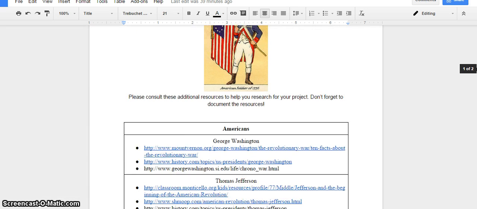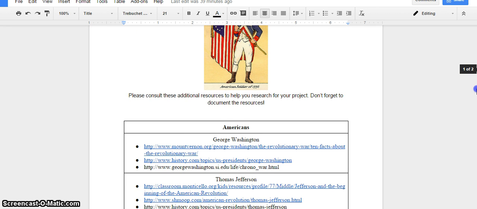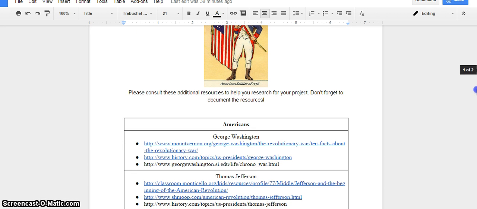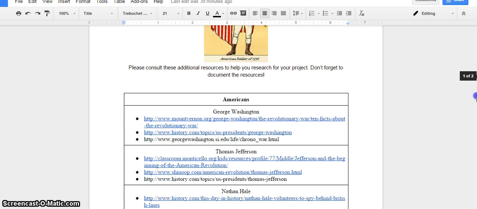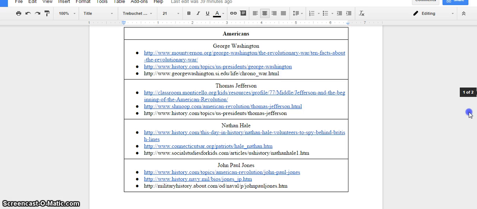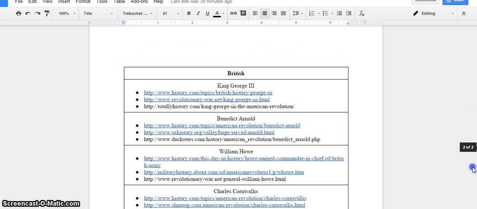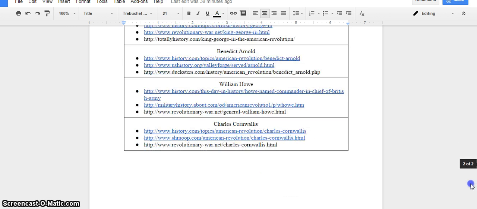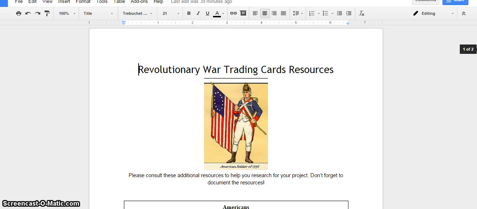So I've listed 4 Americans and 4 British people. For the Americans, we have George Washington, Thomas Jefferson, Nathan Hale, and John Paul Jones. For the British, we have King George III, Benedict Arnold, William Howe, and Charles Cornwallis. You guys are going to choose one of those Americans and one of those British people to research.